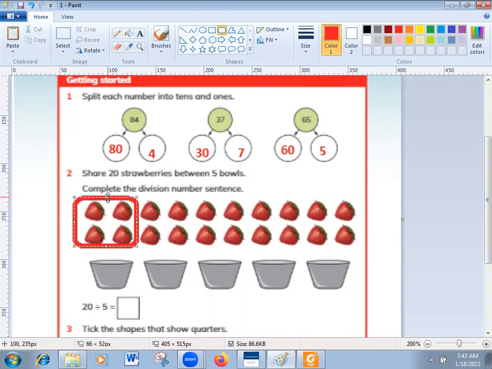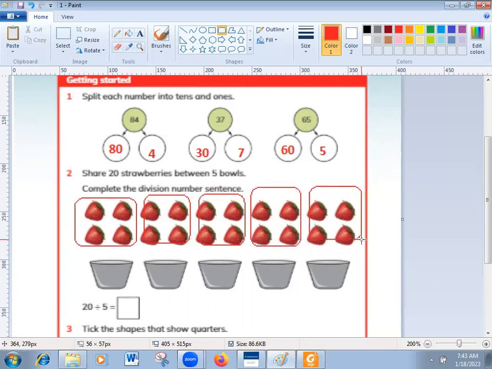4 strawberries in each group. 1, 2, 3, we are making groups. 4 and 5.